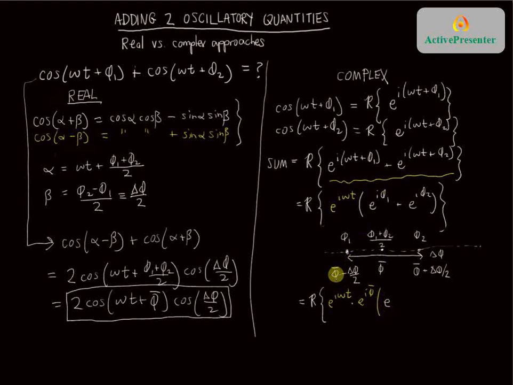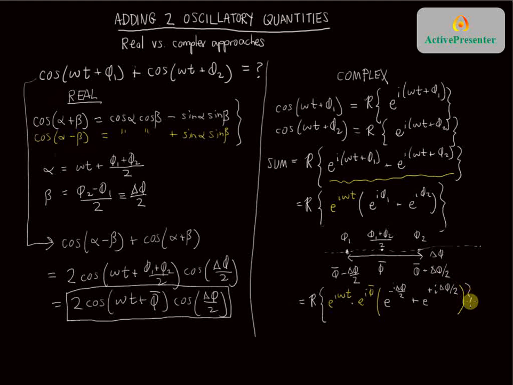Well, phi 1 is phi bar minus delta phi over 2, so e to the minus i delta phi over 2. And phi 2, how much more than phi bar is it? It's positive. e to the plus i delta phi over 2.